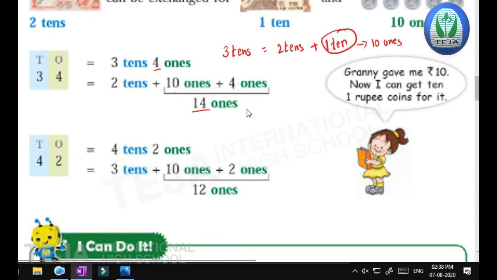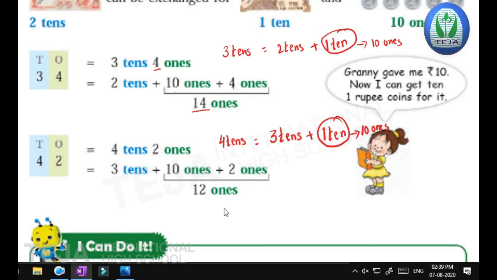See the next number, children, here 42. Here 2 is in the ones place and 4 is in the tens place. That means 4 tens plus 2 ones. If we split 4 tens, then what happened here? We are separating only 1 ten here. So 4 tens equal to 3 tens, separate 1 ten from it, plus 1 ten. Now we know that 1 ten equal to how many ones, children? 10 ones.